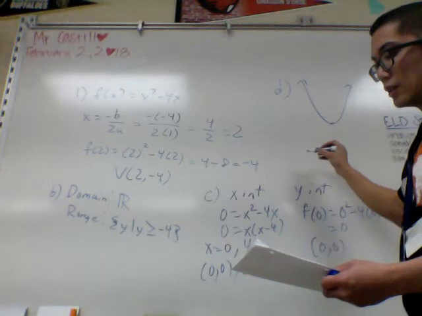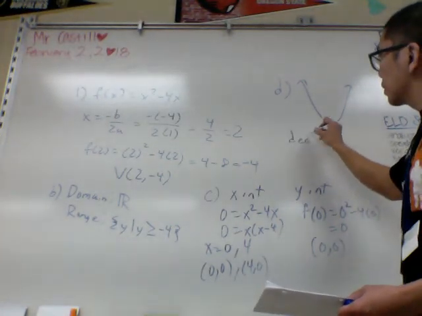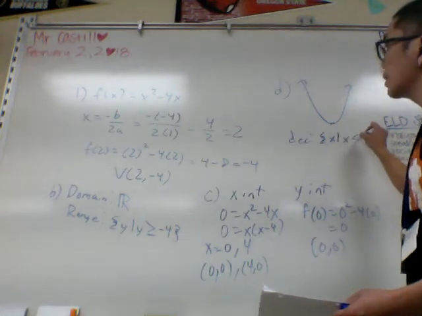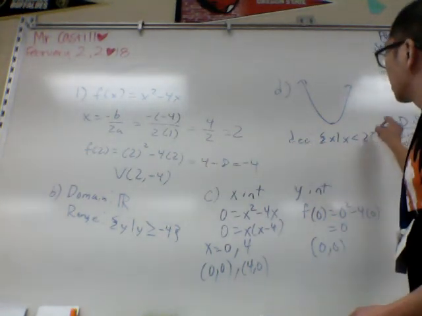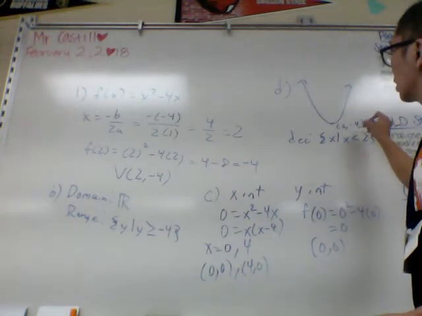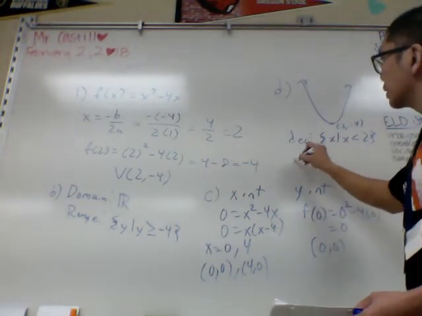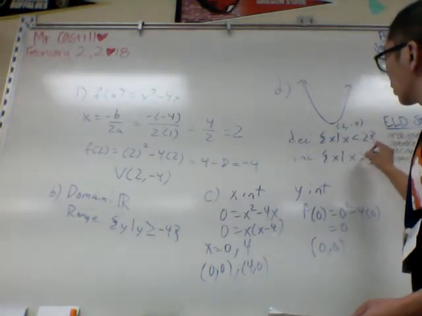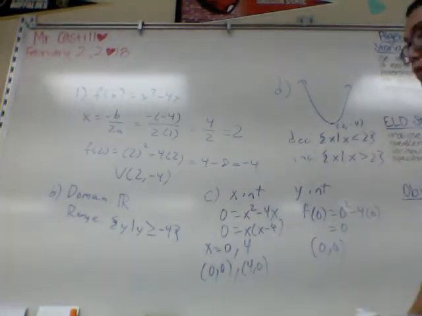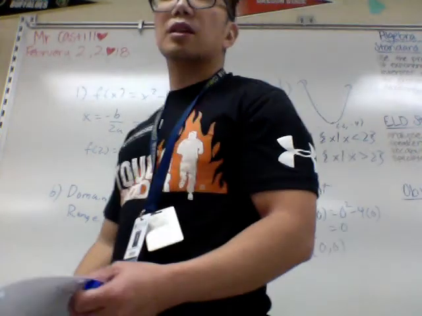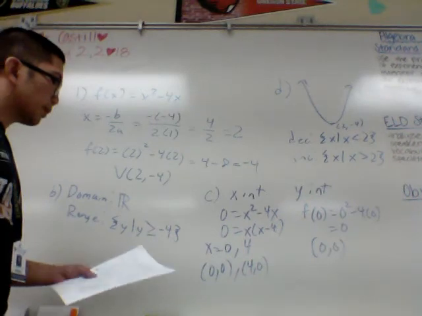So your decreasing is when x is less than 2, because remember, this point is 2, negative 4. And then it's increasing when you're greater than 2. So that is number one.